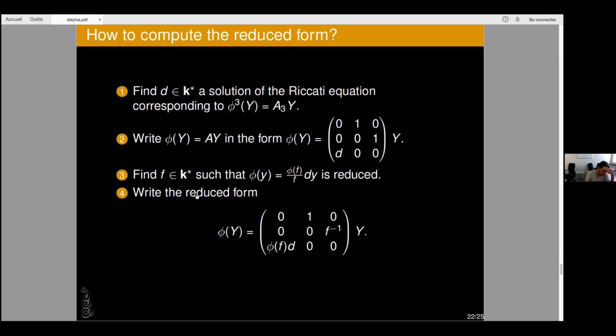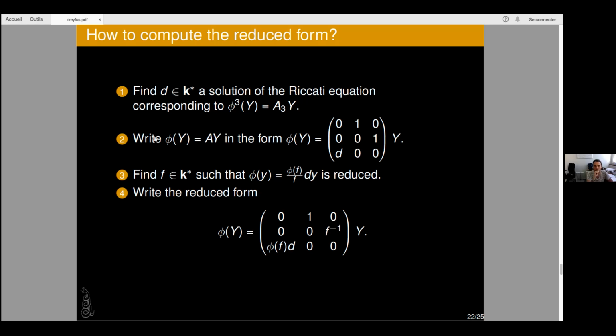Okay, but it doesn't explain how you find your Gauss transformation T. So as I said before, if you are imprimitive, then the order 3 equation is reducible. So it means that you have a Riccati equation corresponding to the order 3 equation. So let me call D any solution of this Riccati equation.